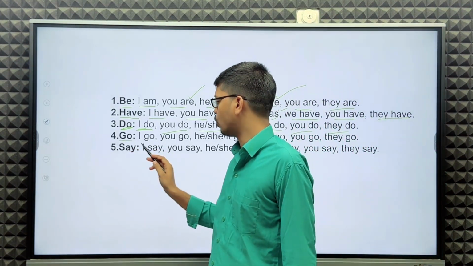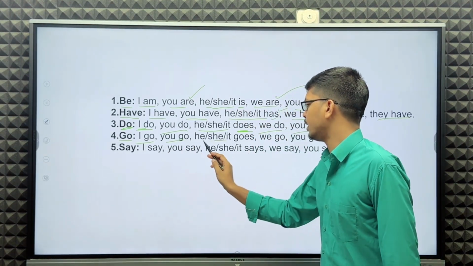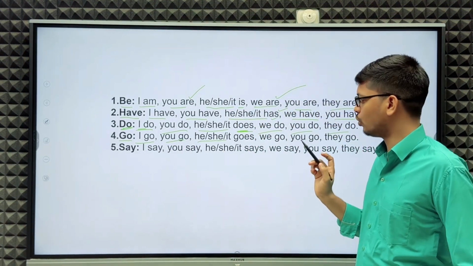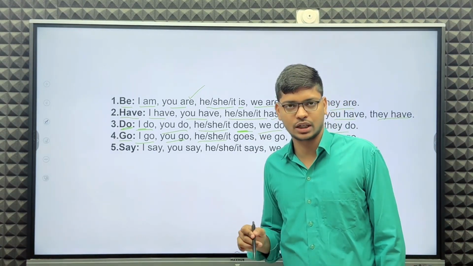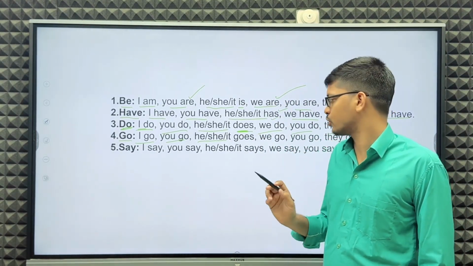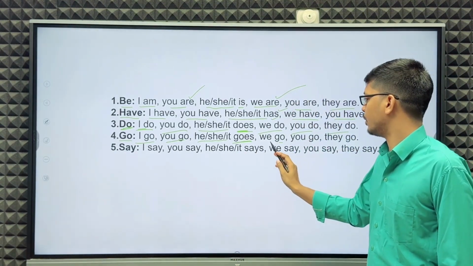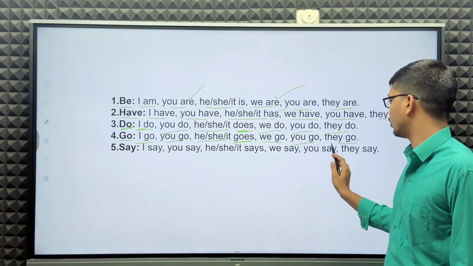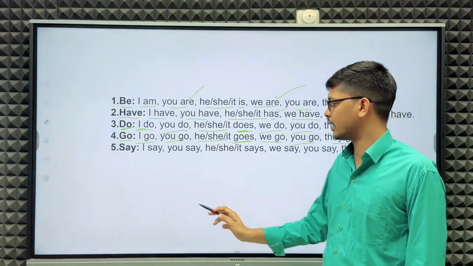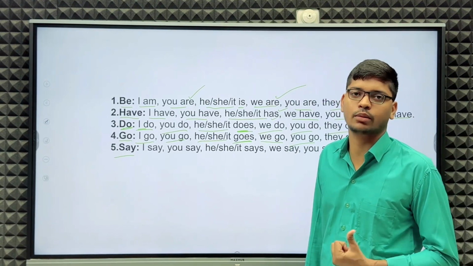Next irregular verb, go. I go, you go, he, she, it goes. With a singular subject we have to use the s or es form, so goes. We go, you go, they go. Next, say. Say is also an irregular verb.